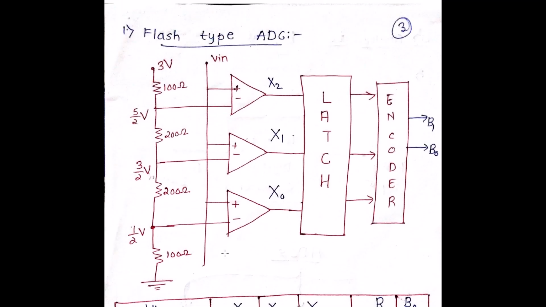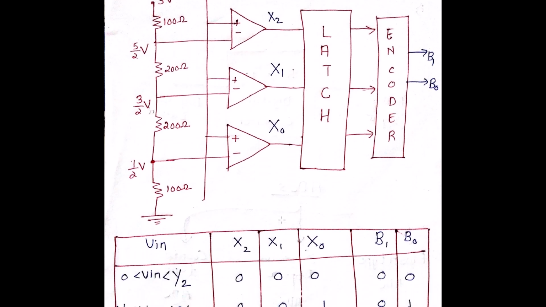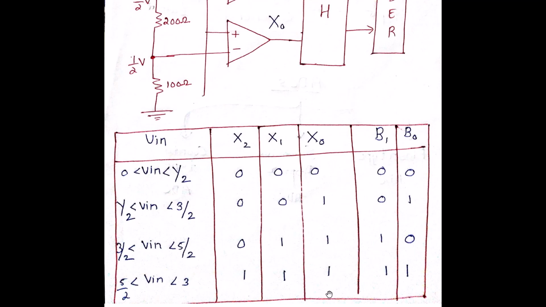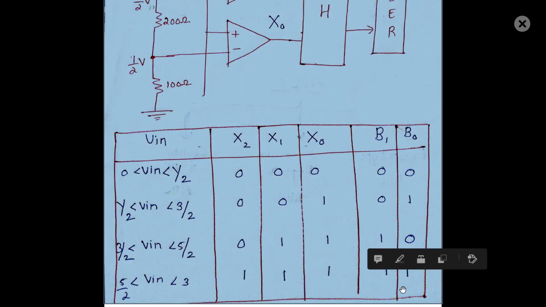Similarly, if my Vin becomes greater than 5 by 2, that is, it's greater than all these node voltages, all my comparators go high, because if the input voltage is greater than 5 by 2, it's definitely going to be greater than 3 by 2 and 1 by 2 as well. Hence my X2, X1, X0 all become 1 and your output has 1 and 1. So these are the different conditions in which my output will be dealing with respect to the input.